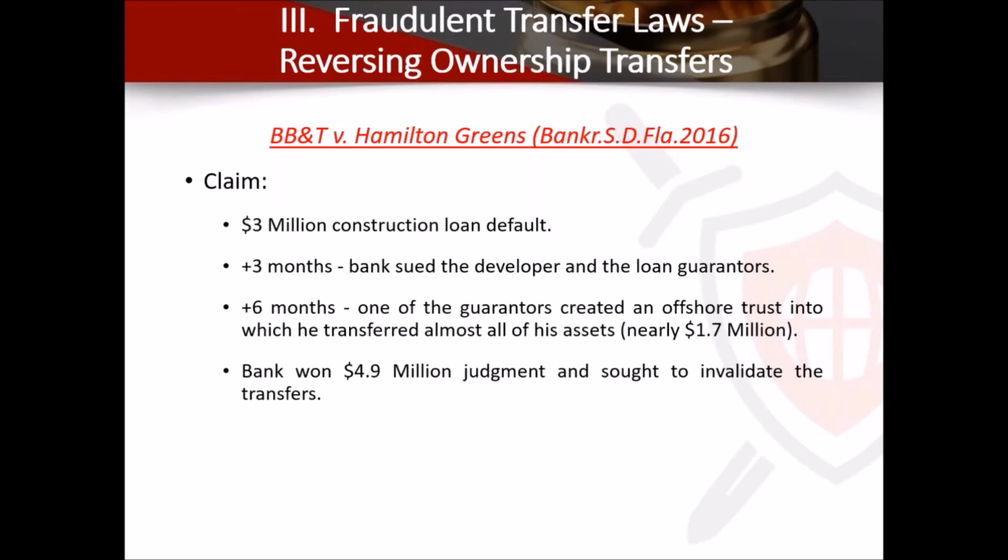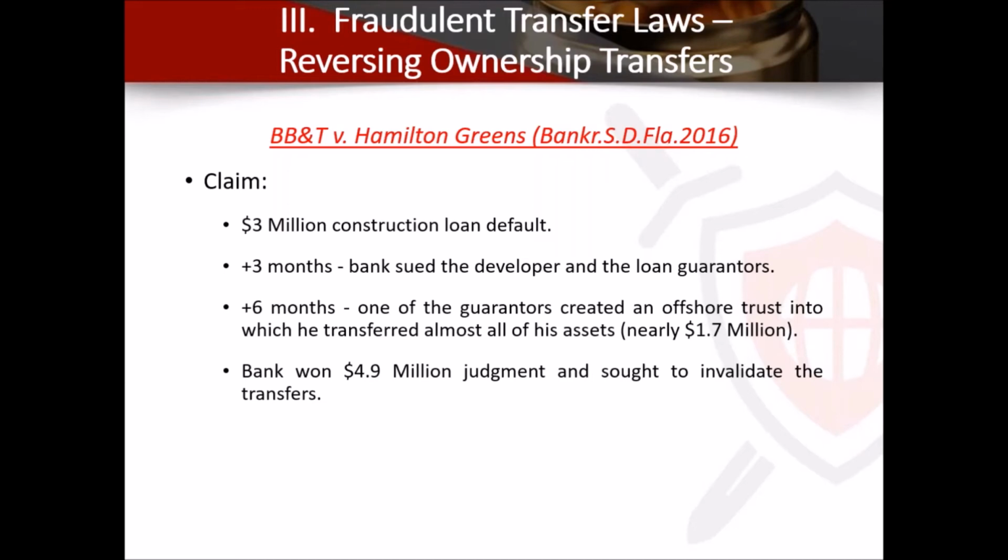They defaulted, and they wanted their money from the founder, the one who put together the deal. Well, six months into litigation, the founder, it seems like a fraudulent transfer, basically funded an offshore trust with $1.7 million, which was all the money he had.